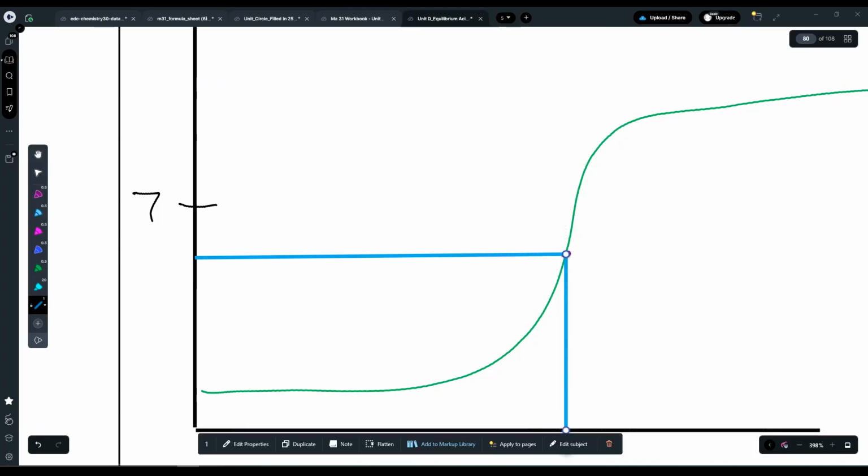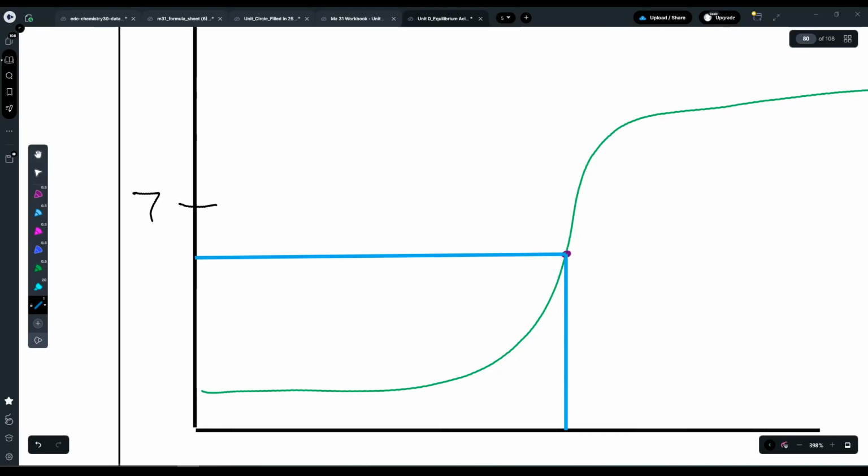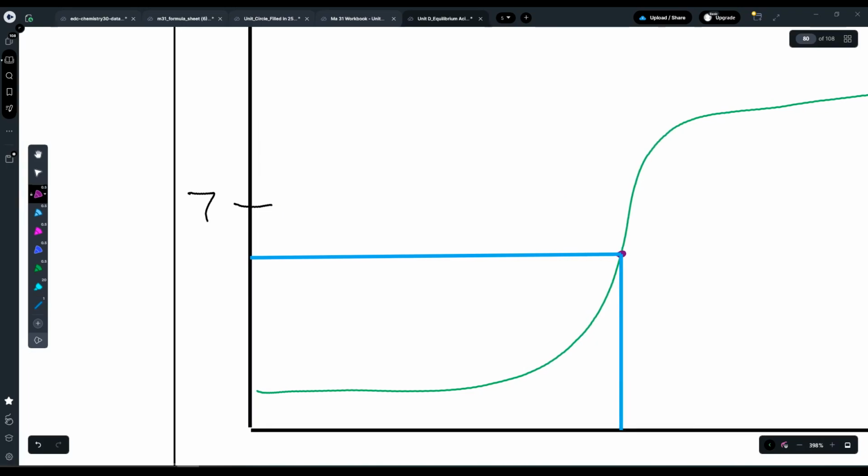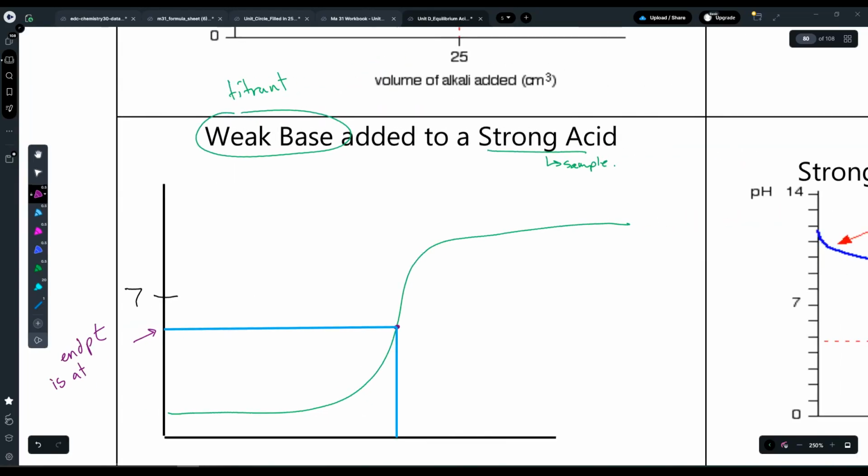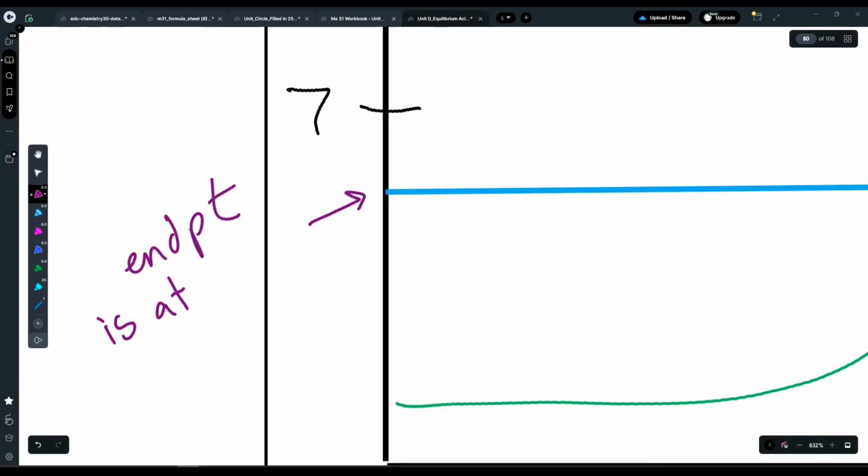The equivalence point would be about there. So the main idea is when you have a strong acid being titrated with a weak base, the endpoint pH will be below 7.